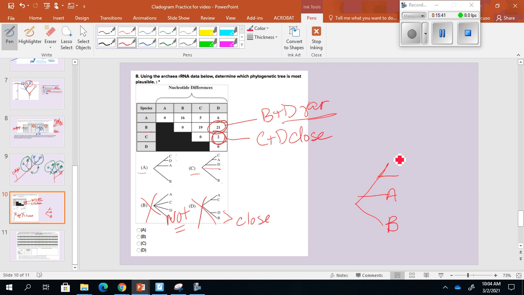If I have C and D here, this is the same thing as saying I have D and C. So my BD could be the farthest apart. This is definitely my choice. I don't want it to be the closest one here. I want it to be far. And I definitely want C and D to be close to each other. They're closest to each other on this one. Definitely this is my answer choice.